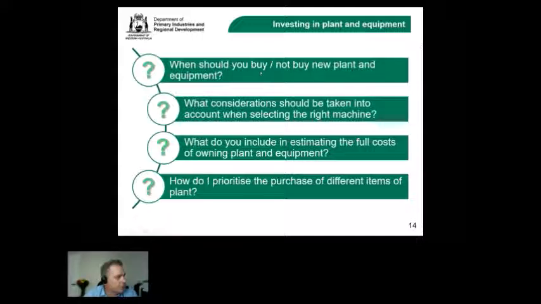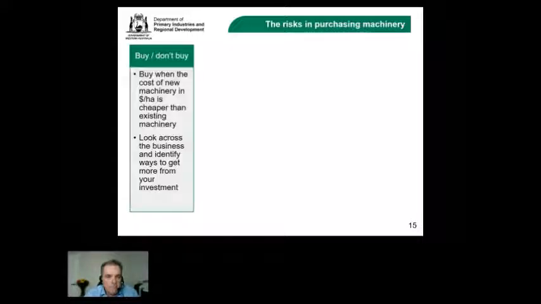And from a financial perspective, how might we answer those? When should we buy and not buy new plant or equipment? We should buy it when the returns outweigh the costs. The extra money we get and the profit we make from that plant and equipment is more than the extra costs.